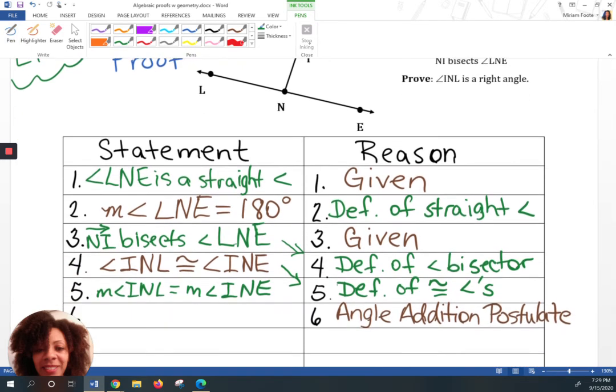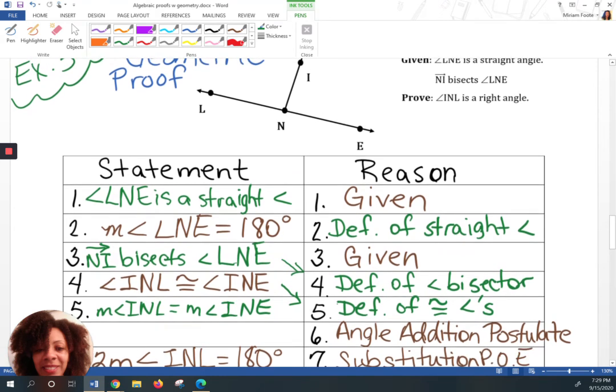So if I go up now to the next one, the reason is the angle addition postulate. Again, I'm looking at what I've already written. So it is telling me that if I add two angles together, it will give me the total big angle. So I'm going to work with the angles that they gave me.